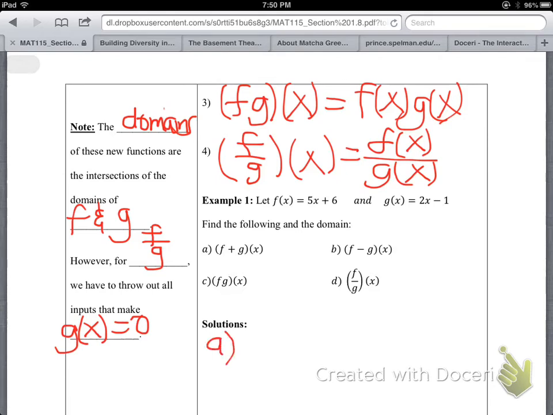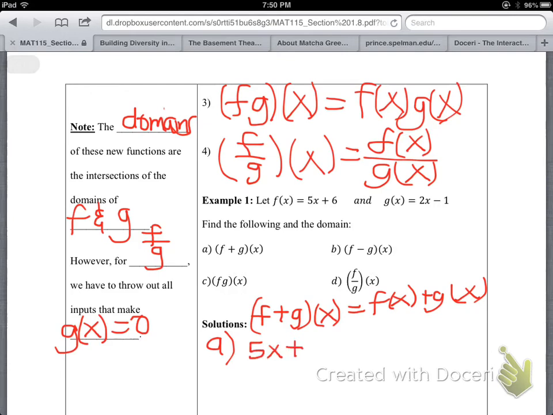So for a, which would be, I want to have some room, f plus g of x. Remember, that's the same thing as saying f of x plus g of x. So what this is saying is 5x plus 6, which is our f of x, plus, and although it doesn't matter in this example, I'm going to put parentheses around the g of x, because when you start doing subtraction and stuff like that, it will make a difference.